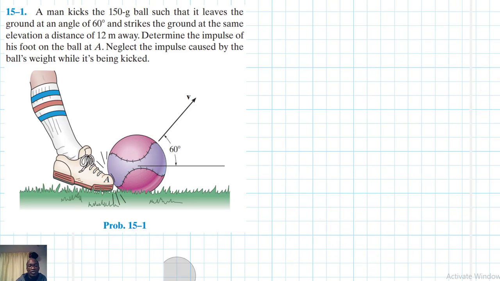Let's use kinematics equations to solve for V. V will have two components here: we have this component like so, and then we have another component like so.